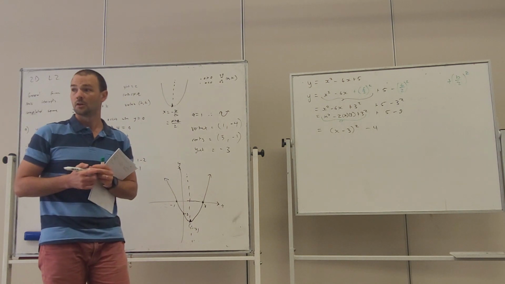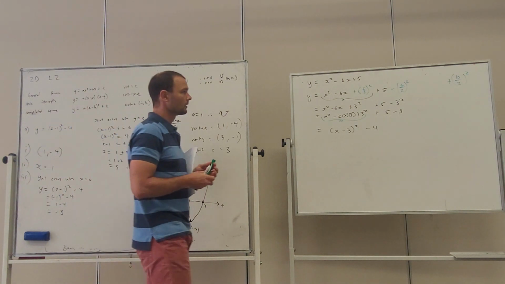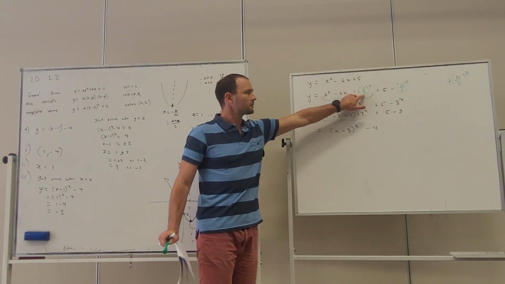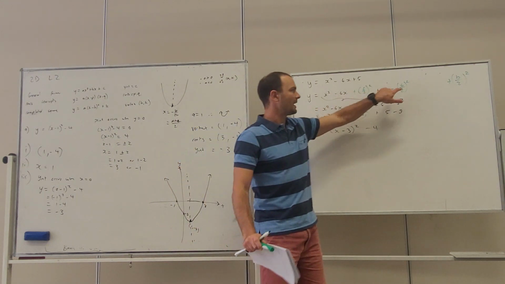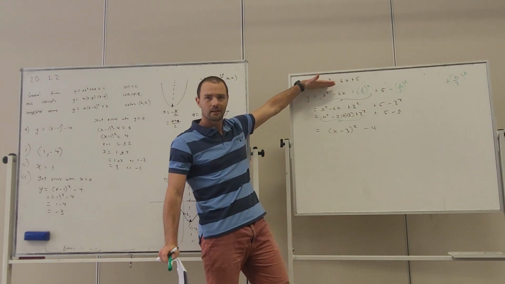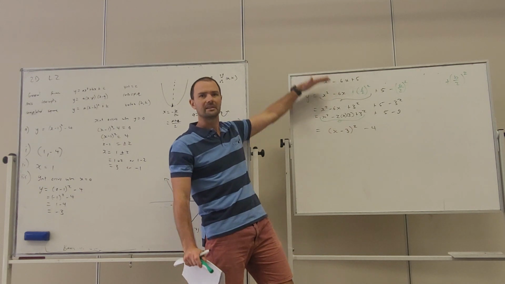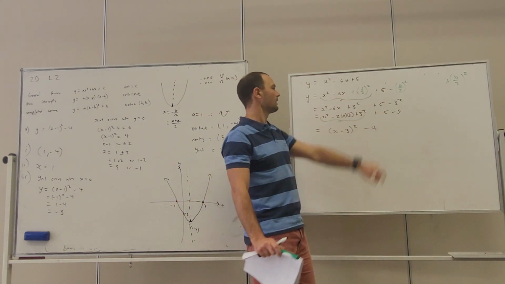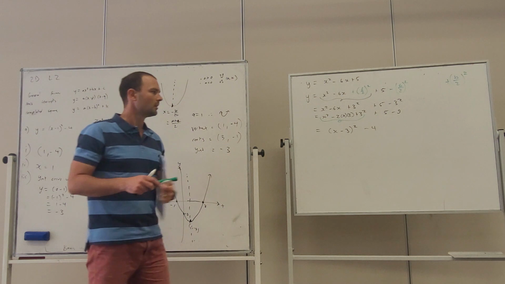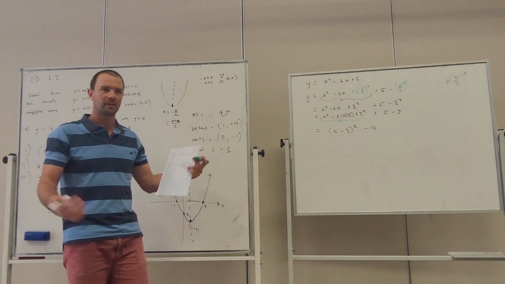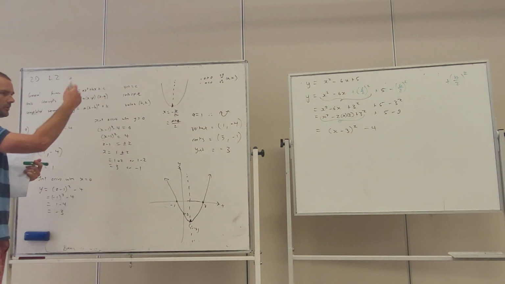So what did I do there? We've added b on 2 squared, and because we added it, we had to subtract it to maintain the equality flowing down. It's still the same equation. Now it's completed, and we can go through and answer all of these things we did over here.